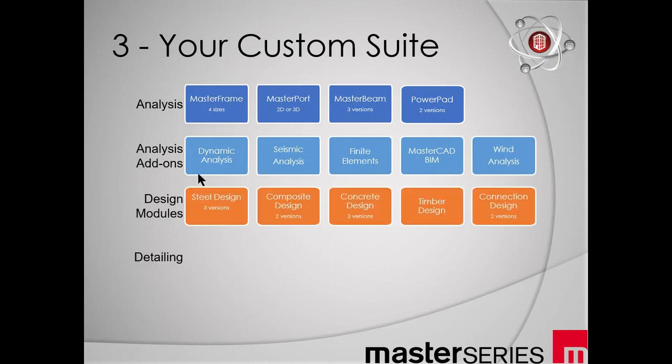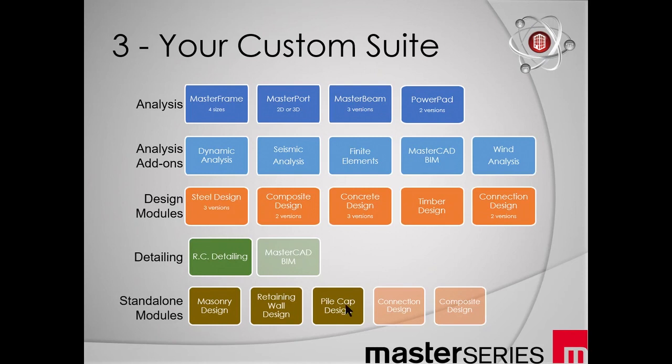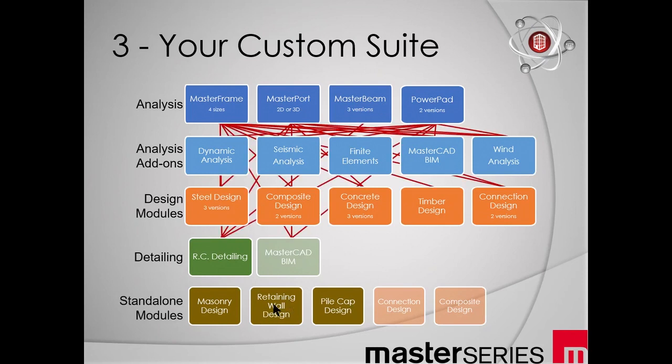We have our analysis and our design, and then we have our standalone modules, and here's retaining walls down there for us to play with. So that is where retaining walls comes into the system, either as a standalone program or part of the PowerPad system. So I'm just going to close down the PowerPad. We don't need to see any more.